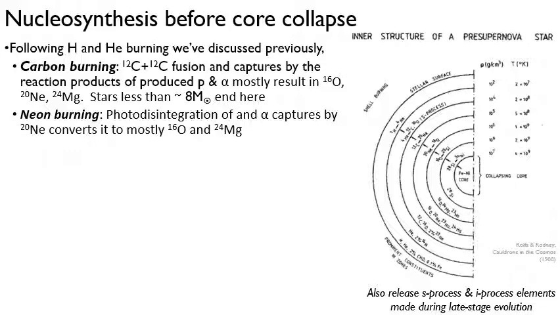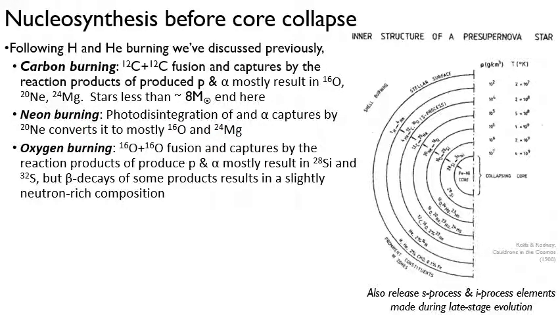So that next stage in burning is neon burning. It's not actually fusion of neon nuclei for the most part. It's alpha captures onto the neon that you've made, and photodisintegration. You can photodisintegrate the neon to create more alpha particles, capture those, and you're basically just converting these into oxygen and magnesium. It's not really making much new there. Then it gets a bit hotter.